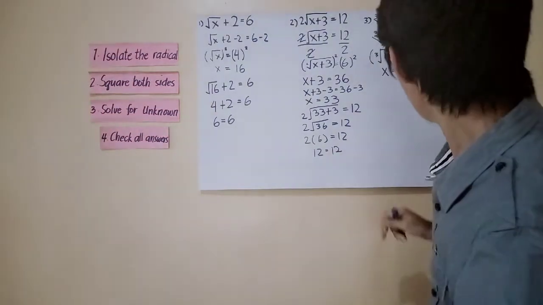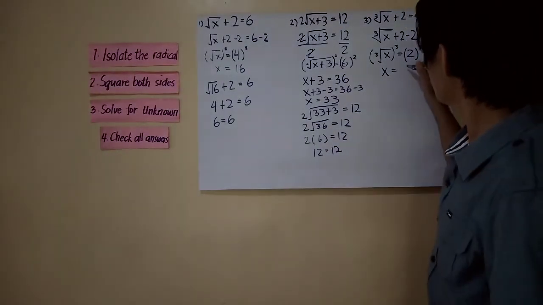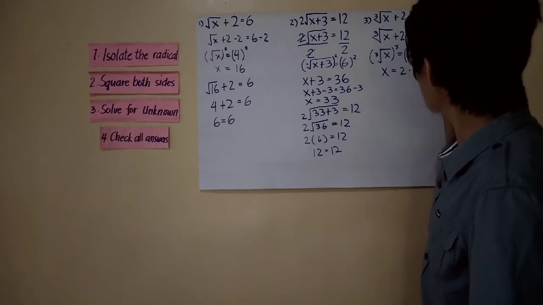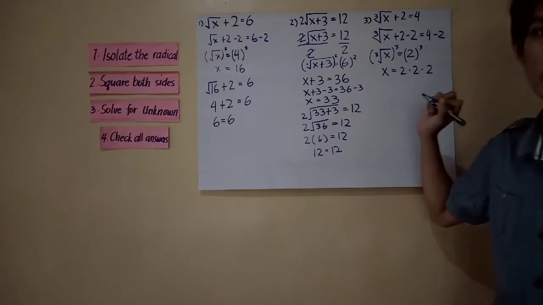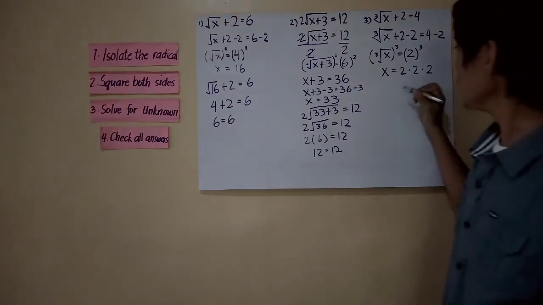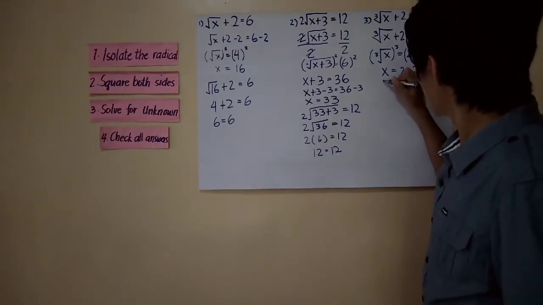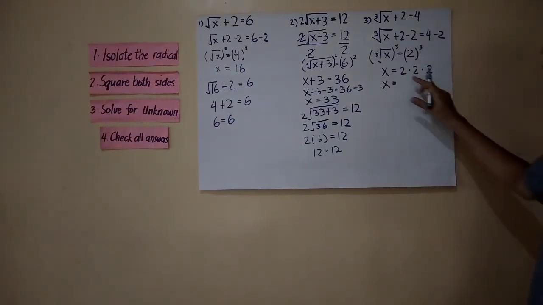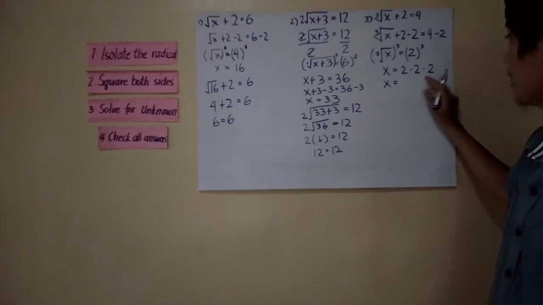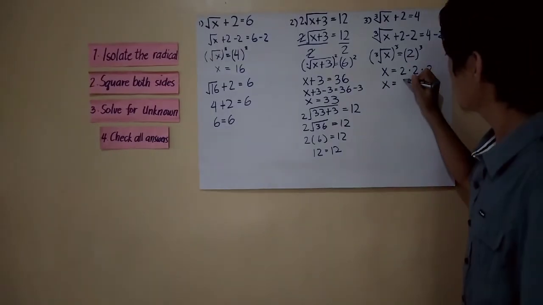Well, 2 cubed is simply 2 times 2 times 2. So now let's multiply all the 2s together. 2 times 2 is 4, times 2 is 8. So now we found that x equals 8.